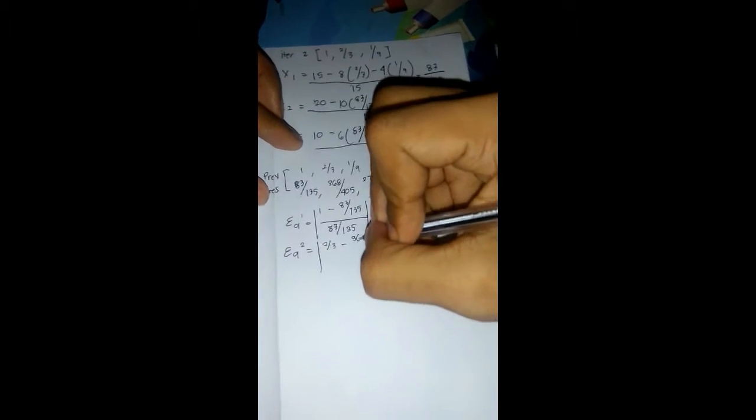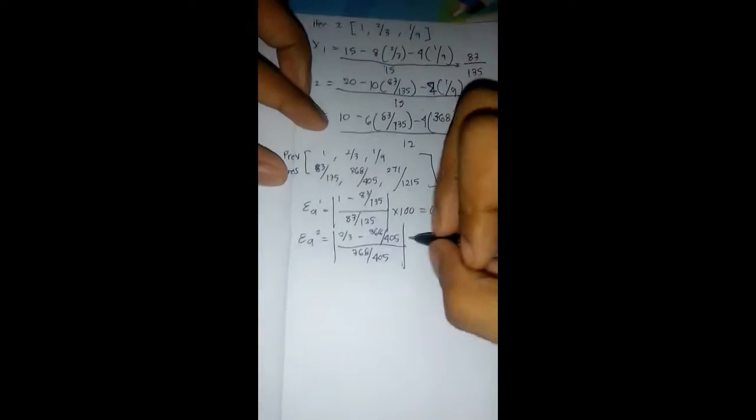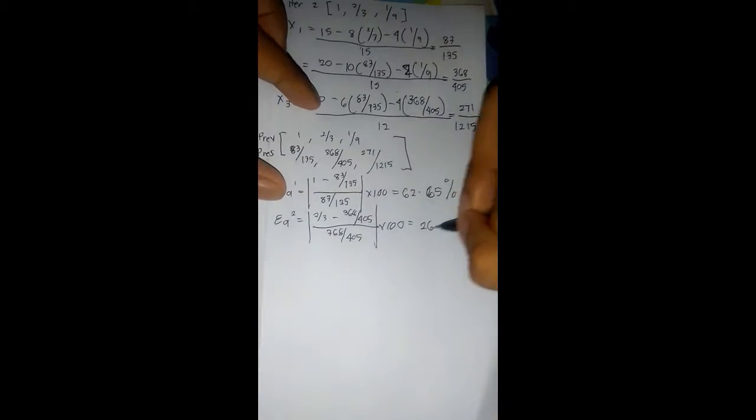And for the next, 2/3 minus 368 over 405 over 368 over 405 times 100 is 26.63%.